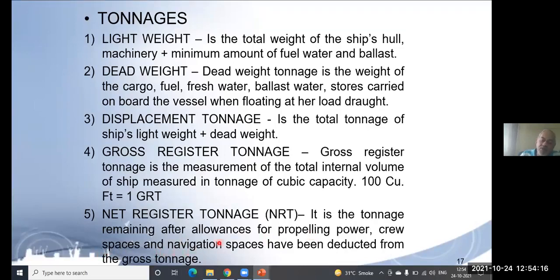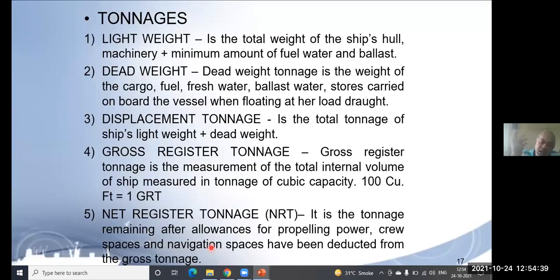Because every ship owner says, why should I pay for the entire GRT? I will pay only for net. Net means these will stay with the ship anyway. Propelling power means the engine room, and crew spaces, accommodation, and navigation space, the bridge control station.